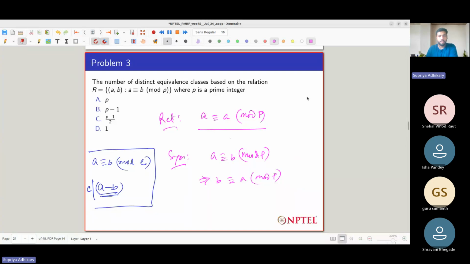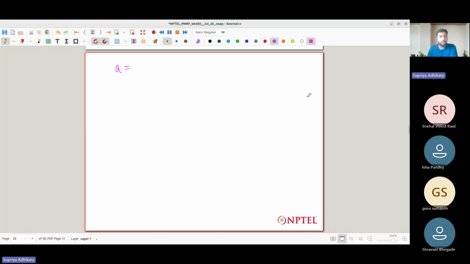And what about the transitive property? Now consider that we have two pairs a, b and b, c. a, b which is in the relation R and b, c which is also in the relation R. So a, b is in the relation R, that means that a is congruent to b mod p, and b is also congruent to c mod p.